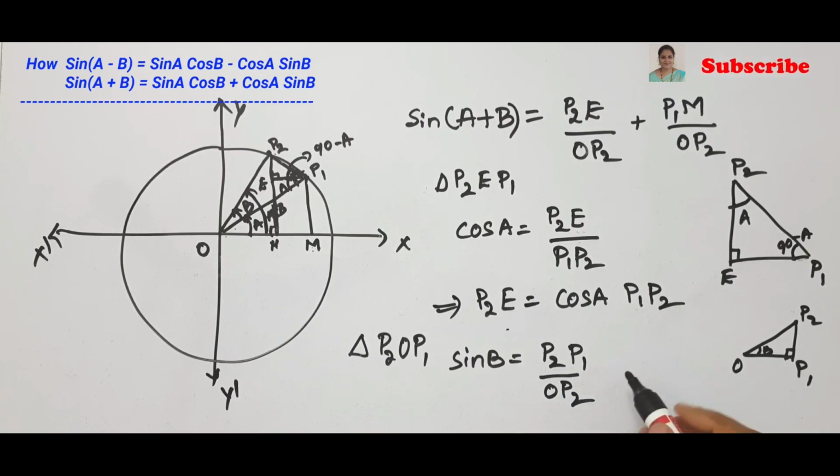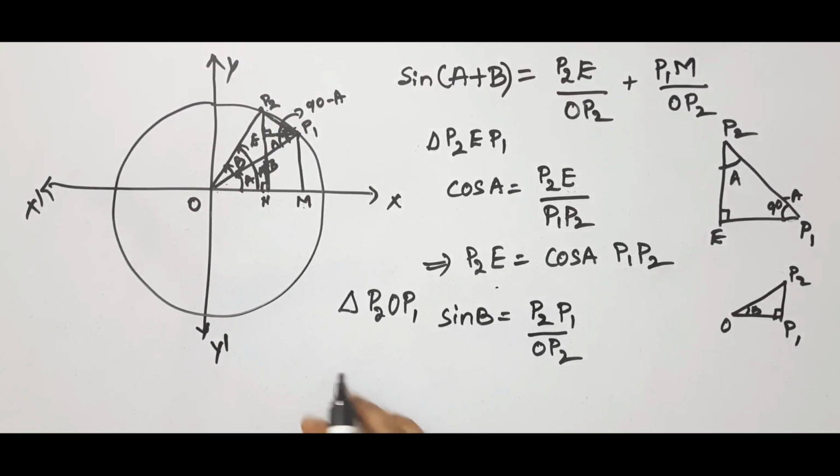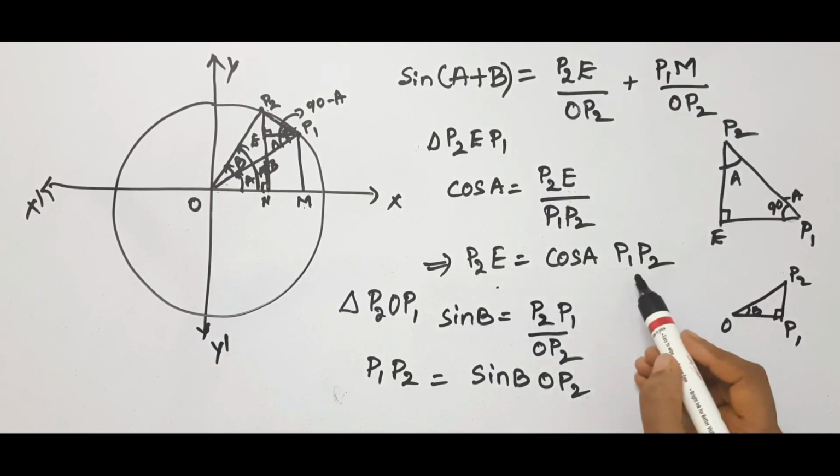So finally we will get sine B equals P1P2 by OP2. I brought this OP2 to the LHS, so P1P2 is equal to sine B into OP2. We got the value of P1P2.